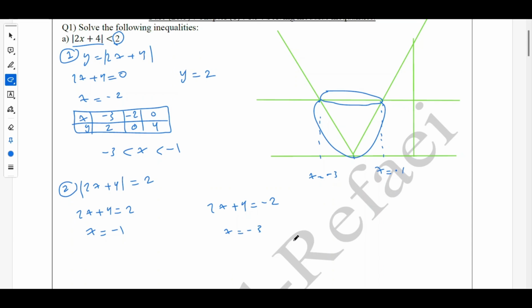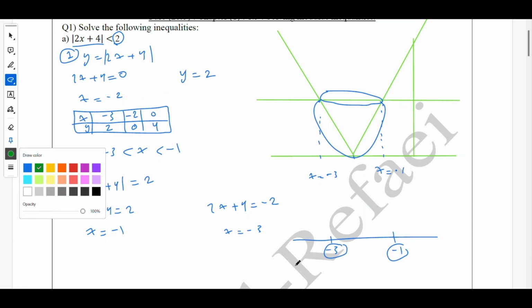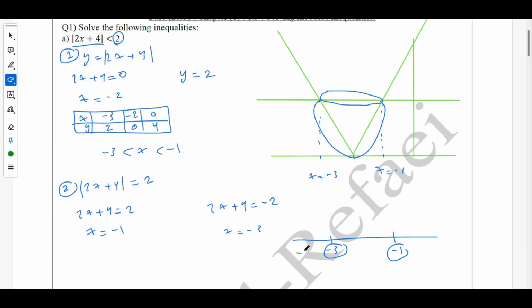I'm going to draw a number line. I have to choose a value less than negative 3, for example negative 4, a value between negative 3 and negative 1, for example negative 2, and a value greater than negative 1, which is 0. I'm going to substitute these three values in this inequality to find out which one of them will give me a correct inequality.